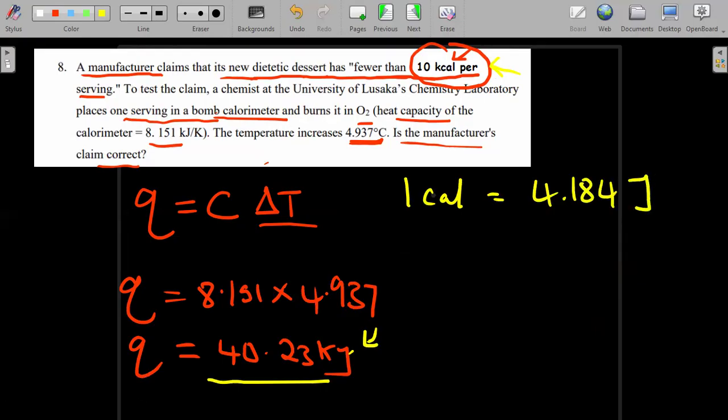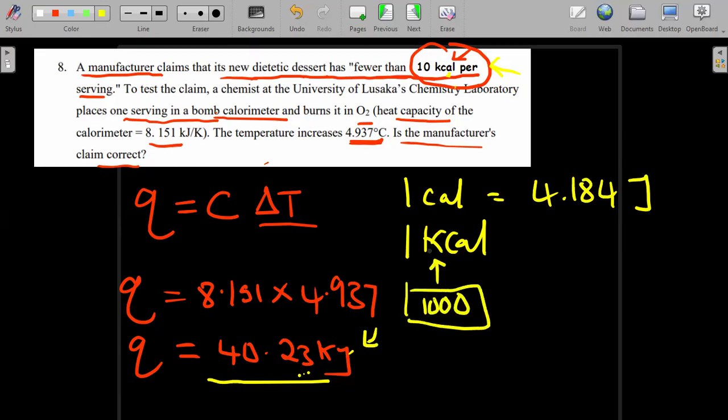But here we have kilocalories and also kilojoules. So if I multiply this side by 1,000, I'm going to get 1 kilocalorie. Remember from our unit conversions, metric table, this K means 1,000.